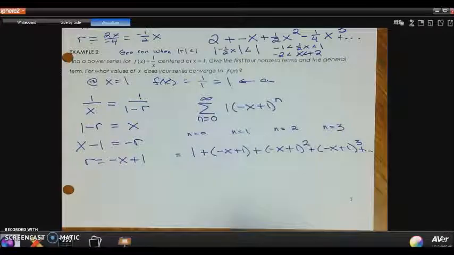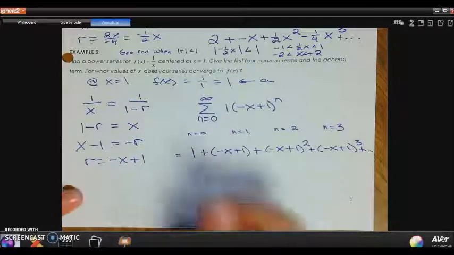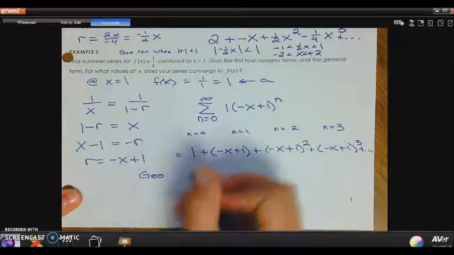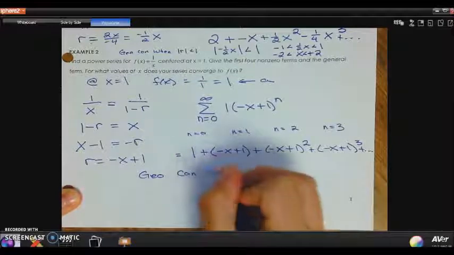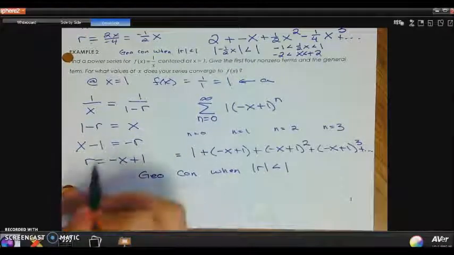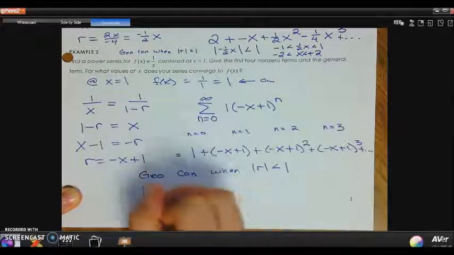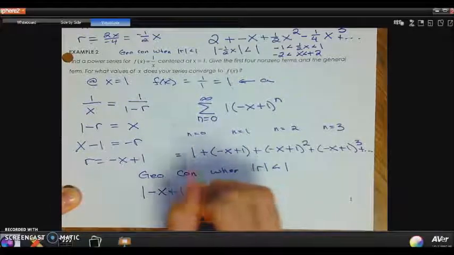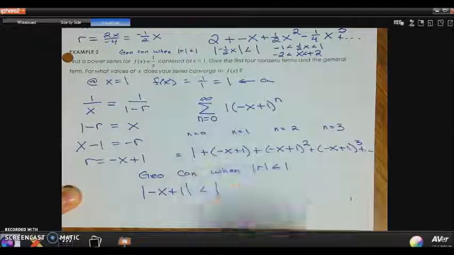For what values of x does it converge? Well, again, we know that a geometric series converges when the absolute value of r is less than 1. My r value I have right here, so I just say the absolute value of this thing has to be less than 1.